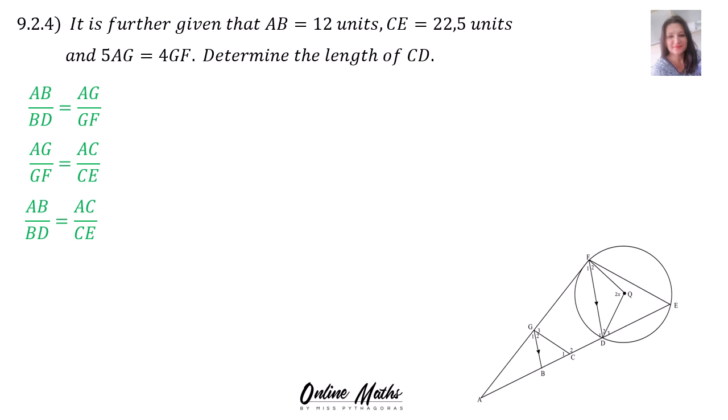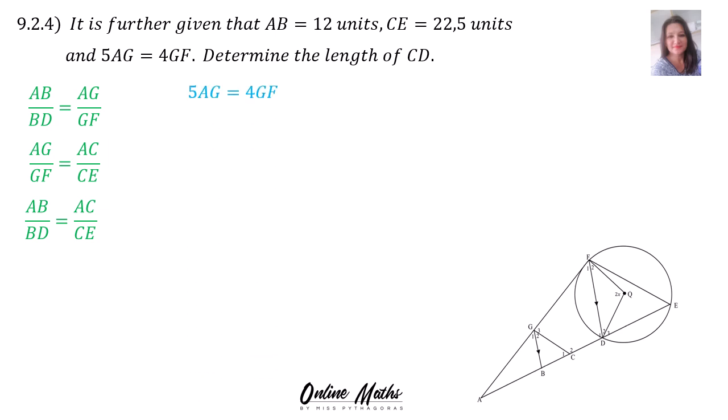Number 4. It is further given that AB is equal to 12 units, CE is 22,5 units, and 5AG is equal to 4GF. Determine the length of CD. Now, in the green there on the left-hand side, that's the answers from the previous sum, because we're going to use that.